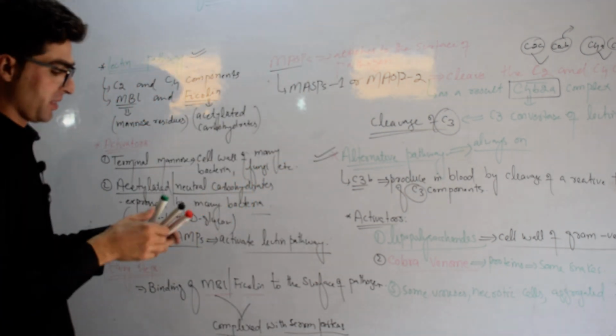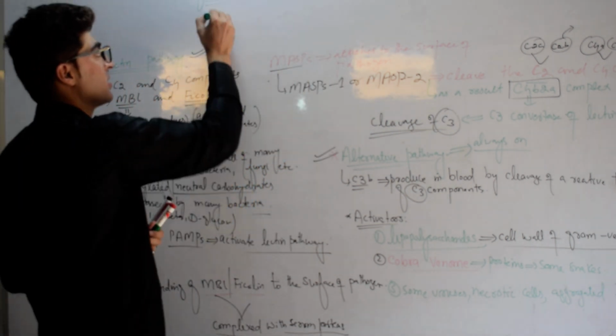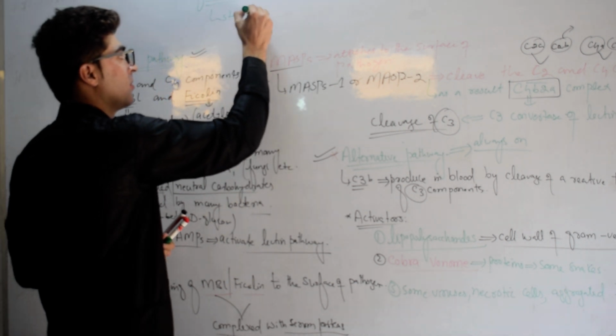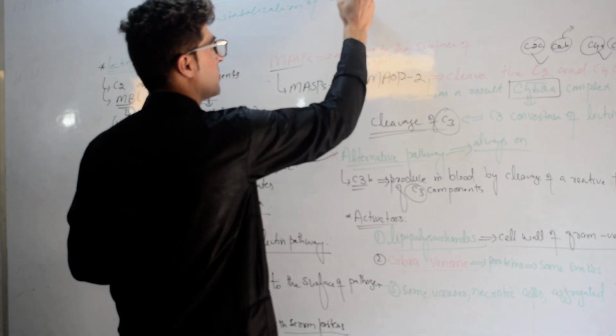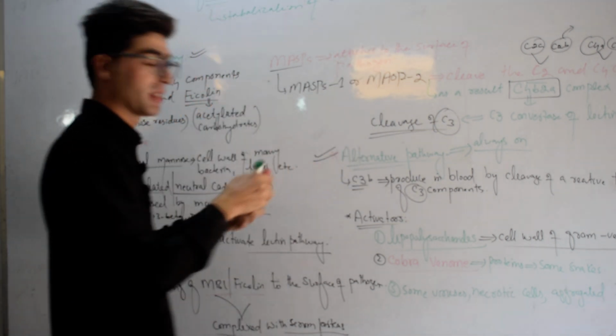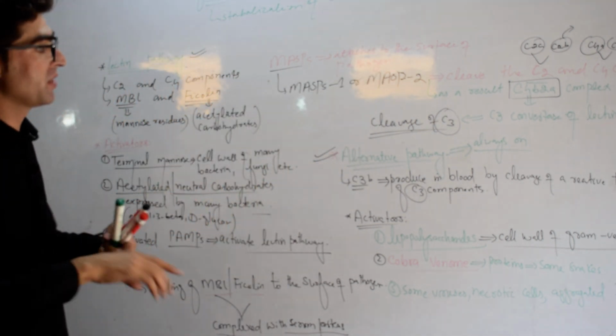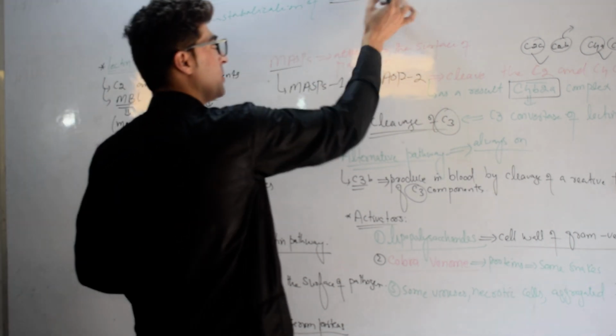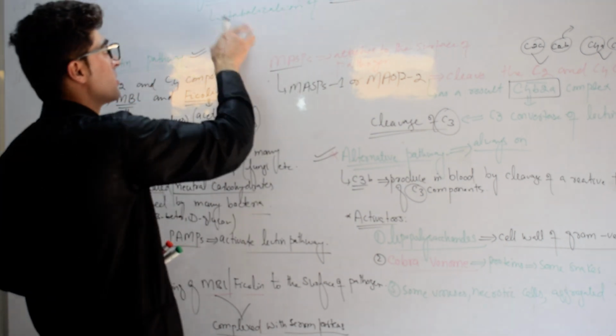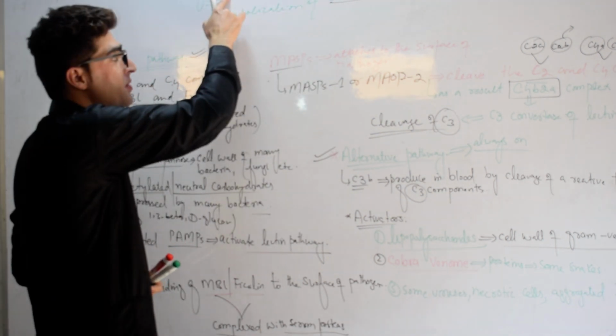This factor P is responsible for stabilization of the C3bBb complex, which is the C3 convertase of the alternative pathway. Once it is formed, it is stabilized by factor P.